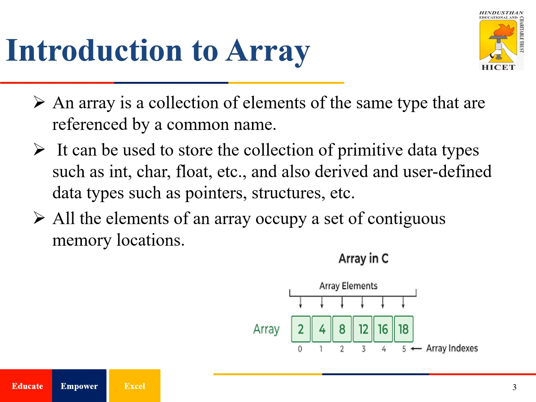It can be used to store various data types like primitive data types as well as derived and user defined data types. int, char, float are primitive data types, and derived and user defined data types are such as pointers, structures, etc. All the elements of the array occupy a set of contiguous memory locations. That means the collection of elements is called an array, right? So the elements are stored in specific memory locations.